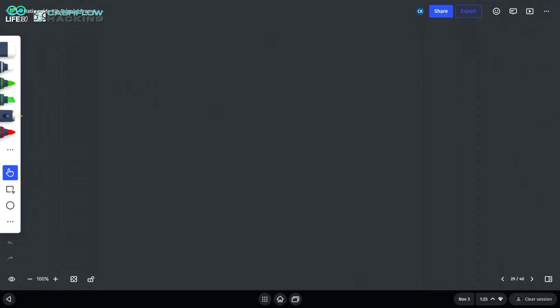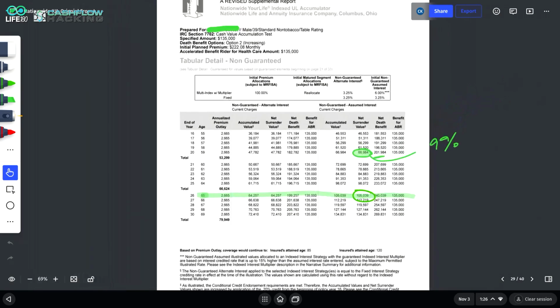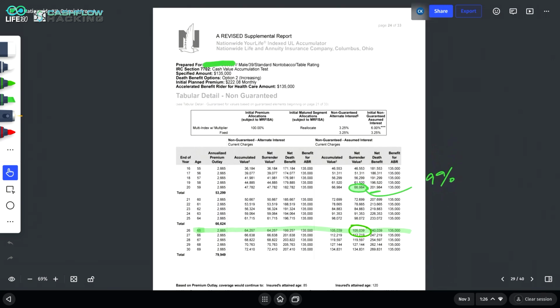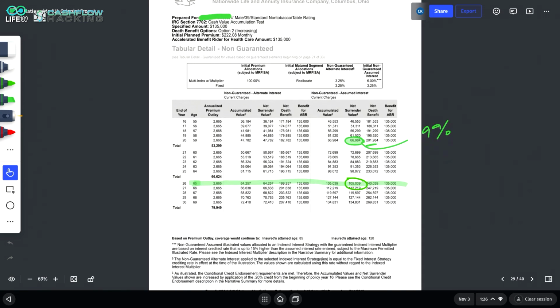But if we go back to the original that I showed, where it was run at 6% and now it's only 5.03%, based on the maximum illustration it's able to do, imagine we're going back. Yep, this is the original. The way I know this is the original is I can see the current assumed interest rate it was created with was 6%. So that's the indicator I can see.